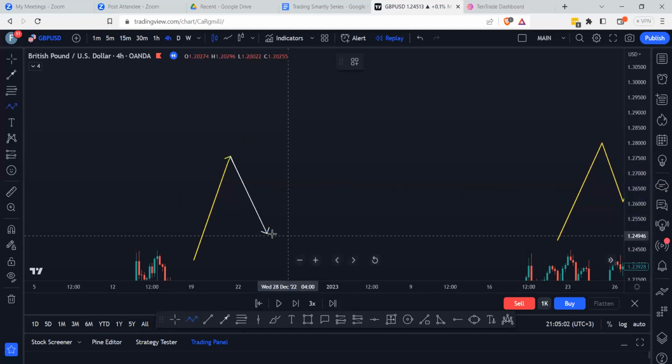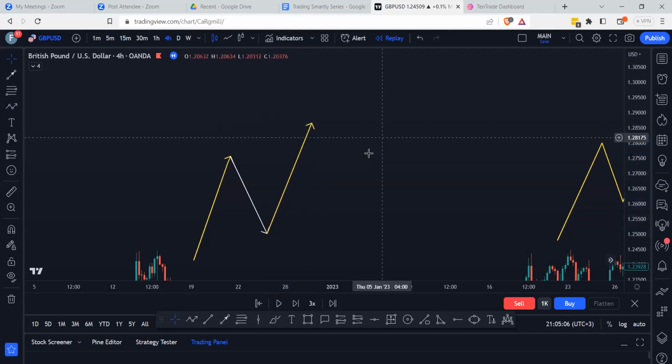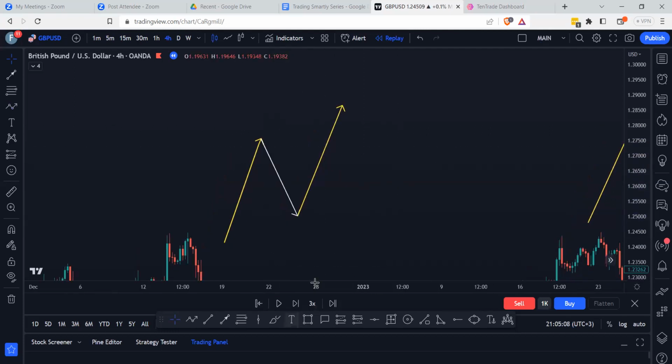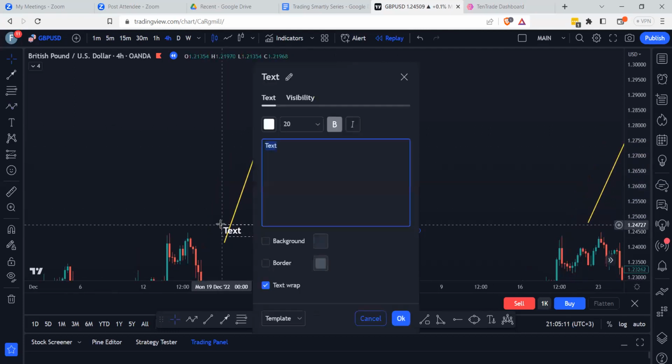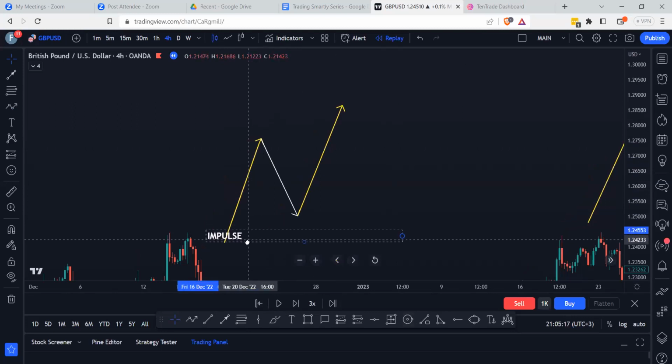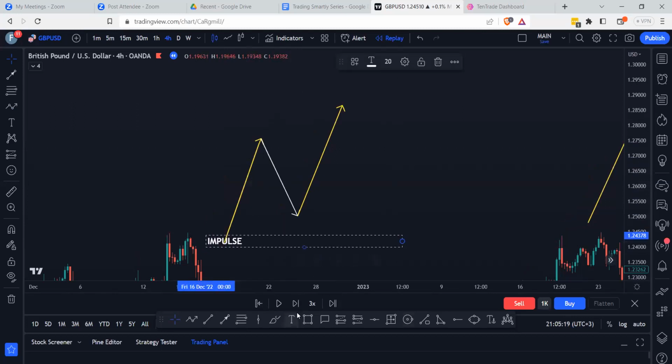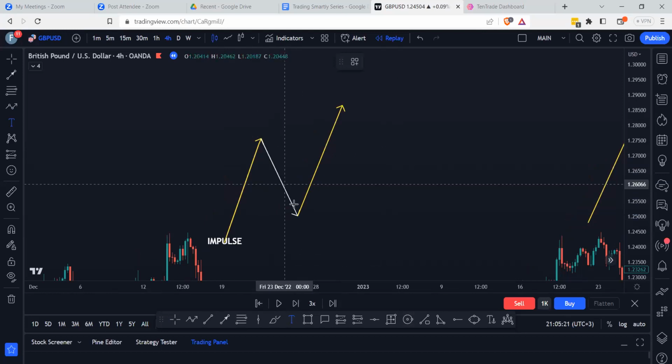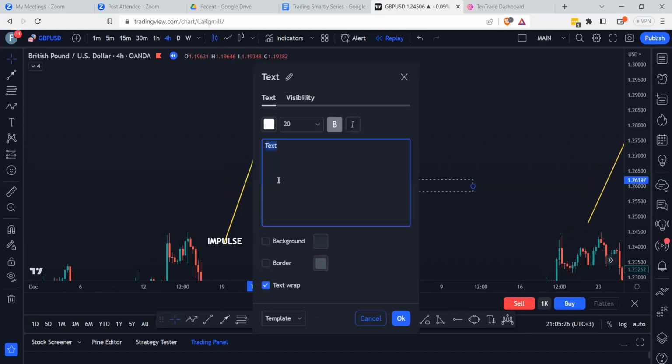And then you have another move up. Now this first move right here is called an impulse. This is an impulse move. This first leg. And this retracement here is called a correction.